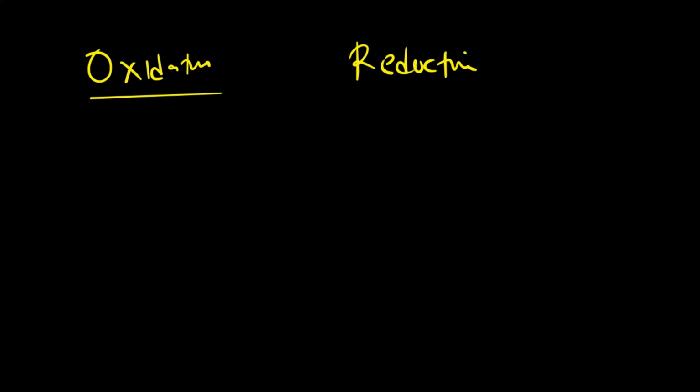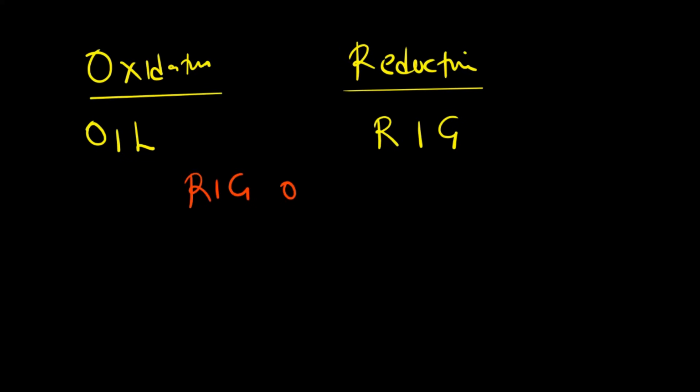Now, oxidation, reduction. What are just some of the basics that you are supposed to know? We are saying oxidation is loss, reduction is gain. So you can use this mnemonic, OIL RIG. Reduction is gain, oxidation is loss.